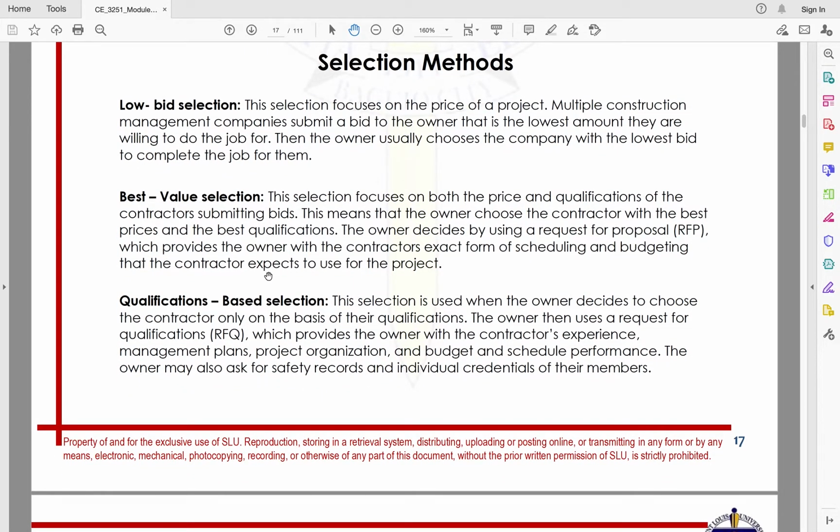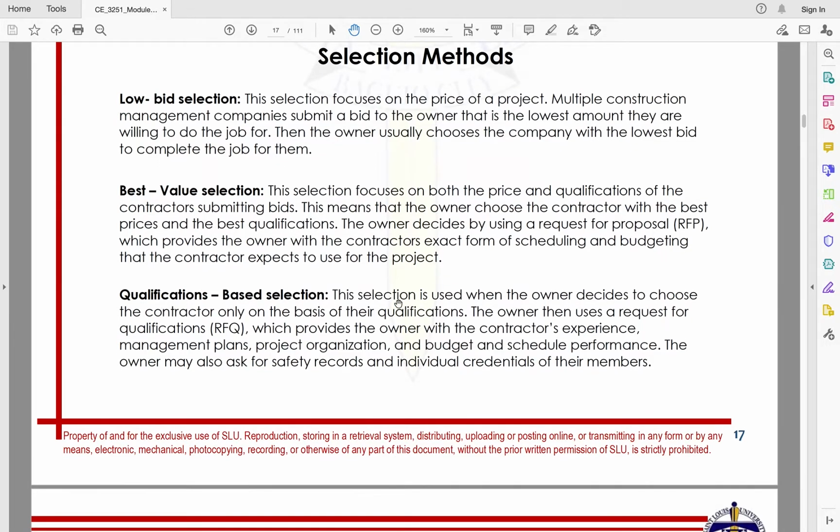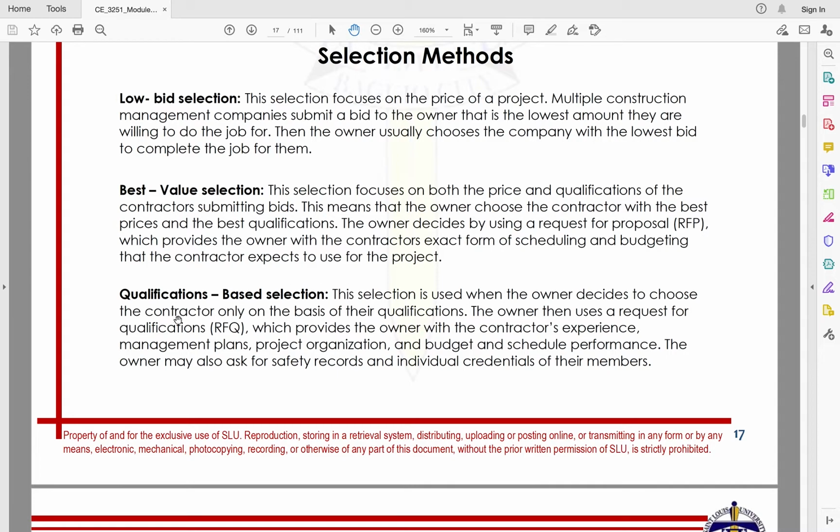Okay? Next would be qualification-based selection. So, this selection is used when the owner decides to choose the contractor only on the basis of their qualification. When we say qualification here, we are considering the contractor's experience, management plans, project organization, and the budget and schedule performance.